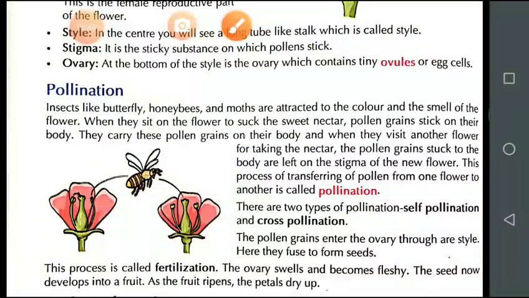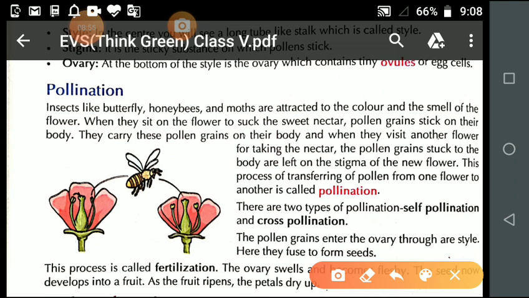Another example of self pollination: see these two flowers. This flower is from plant 1 and this is plant 2. Now see how self pollination takes place.